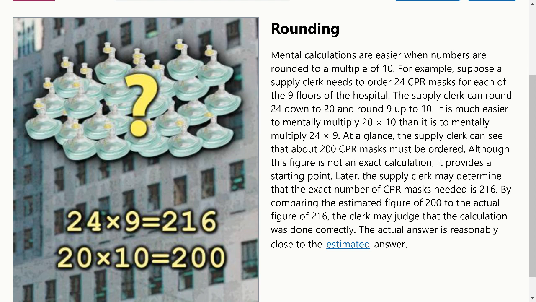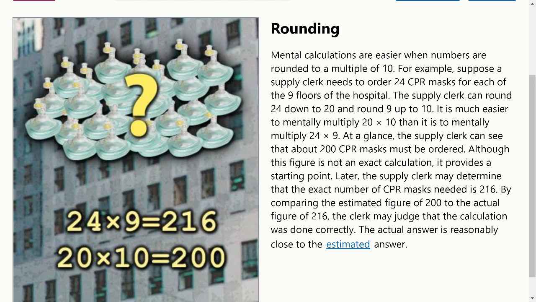At a glance, the clerk can see that about 200 CPR masks must be ordered. Although this figure is not exact, it provides a starting point. Later, the clerk may determine that the exact number needed is 216. By comparing the estimate of 200 to the actual figure of 216, the clerk may judge that the calculation was done correctly.